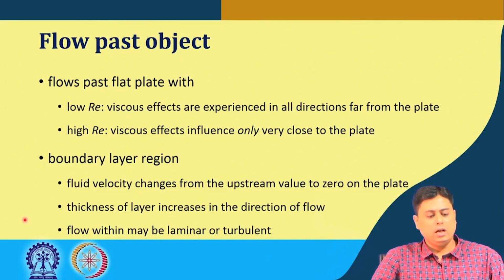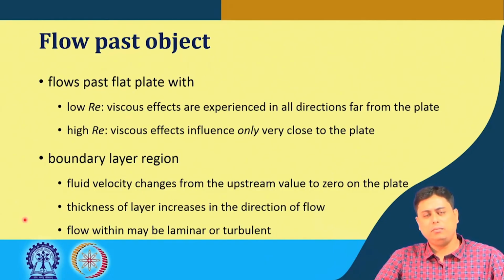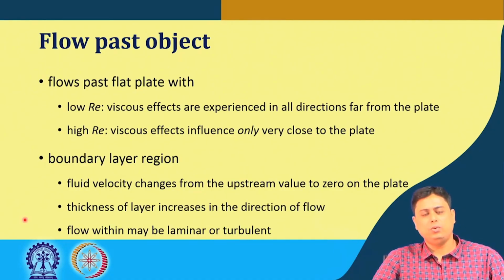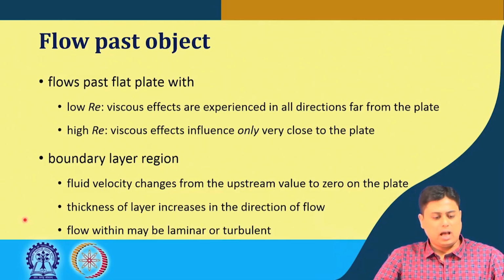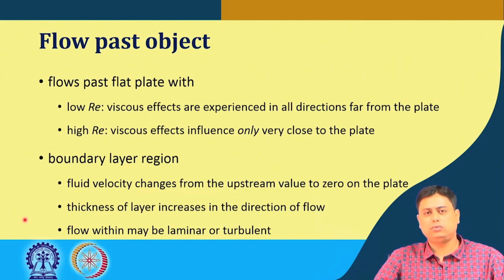So, high Reynolds number cases mean that there is a huge effect of the inertia, and naturally the viscous effects are less experienced over a broader region. It is mainly contained within a smaller region near the plate. High Reynolds number cases can also be thought of as having very low viscosity.